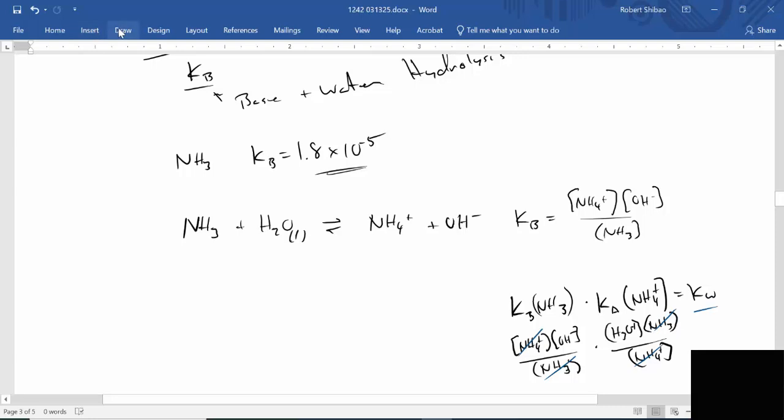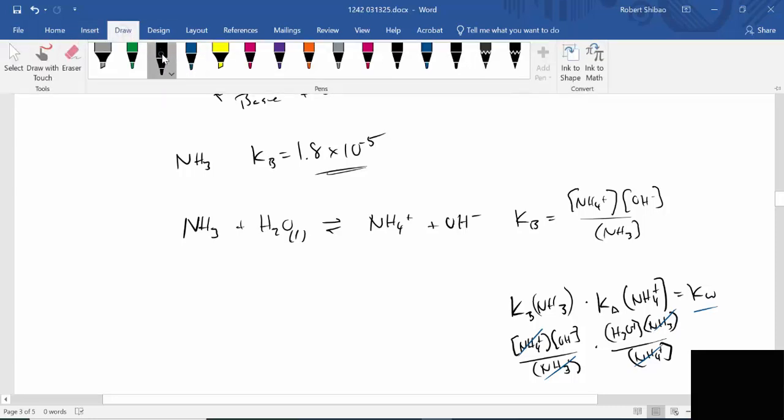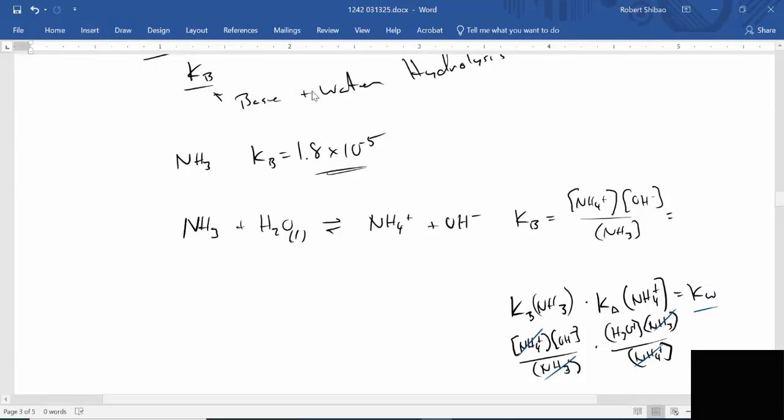And therefore we can always calculate what Kb is, because Kb is going to equal Kw divided by Ka for its conjugate. Ammonia is the base here. Its conjugate is the acid, ammonium. So this is going to be the Ka for ammonium. So Kb equals 1.0 times 10 to the minus 14 divided by the Ka for ammonium.